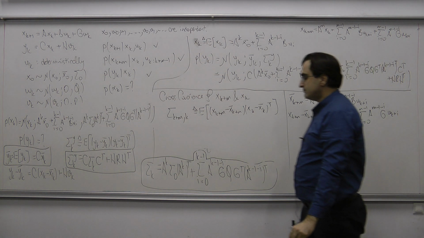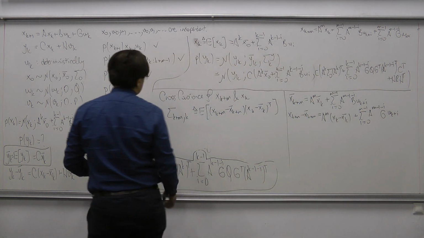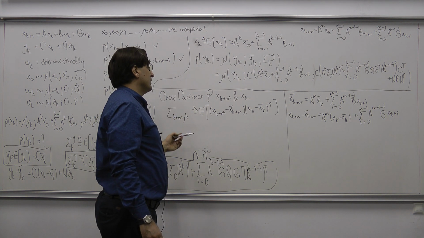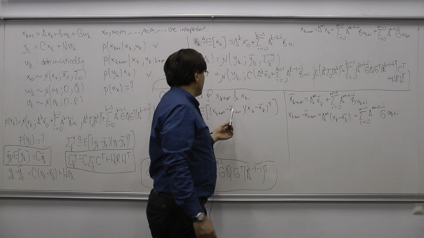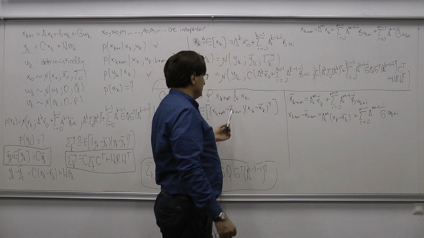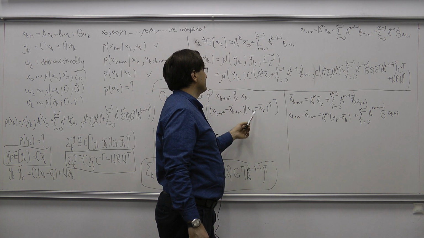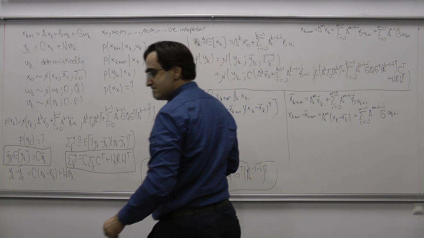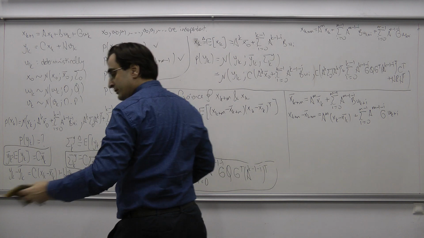Okay? Now what I have to do in order to be able to calculate this expected value is to multiply this error term, the (k+m)th error, with xk minus xk bar transpose from the right. Okay? Let us try to do it.